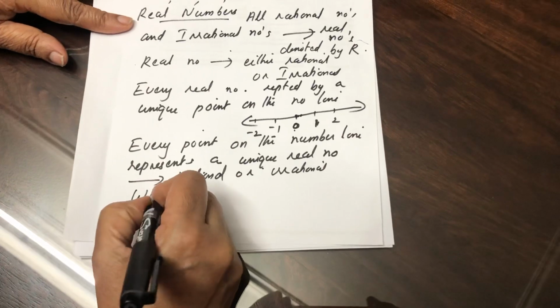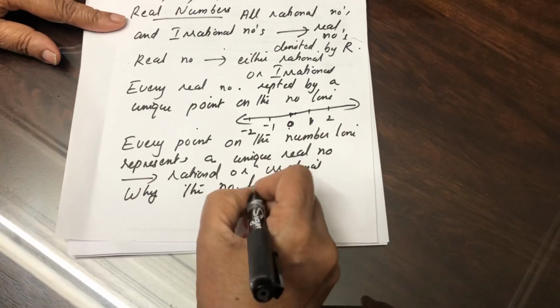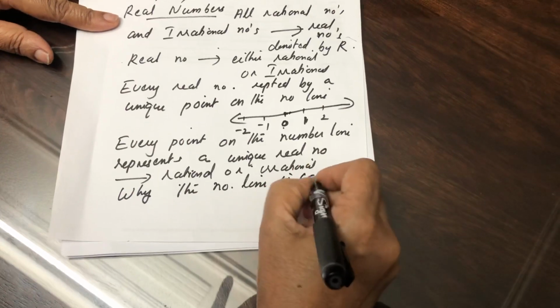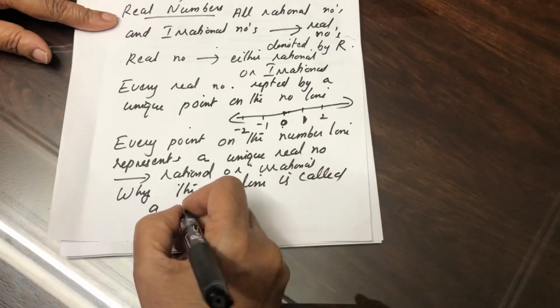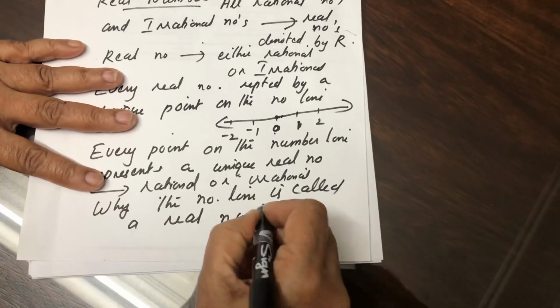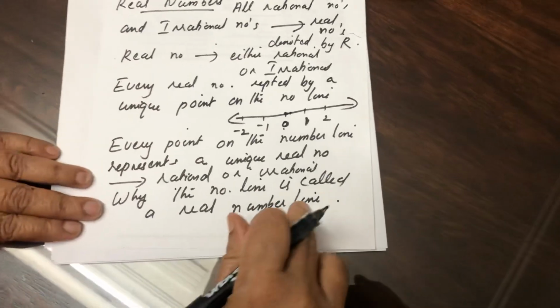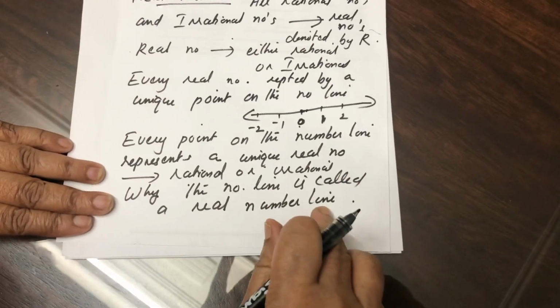That is why the number line is called the real number line. Why?